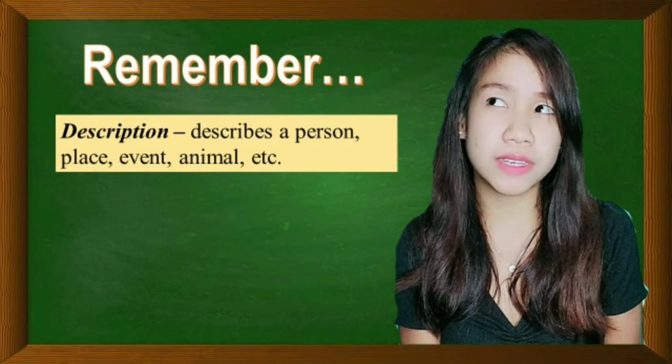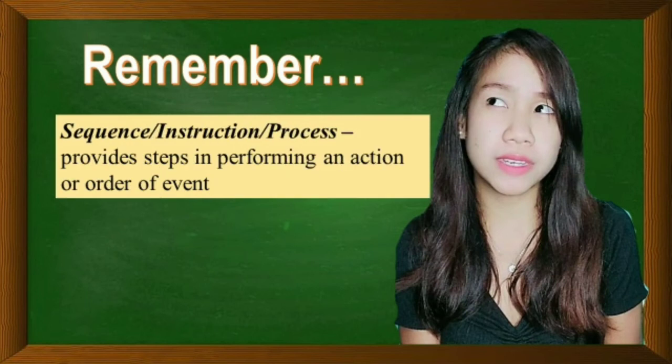This describes a person, place, an event, or animal, meaning if a text has a lot of descriptions or aims to describe something or someone or the topic, then that's description structure. And next structure is sequence or instruction or process. It provides steps in performing an action or order of events. So therefore, if a text has procedures, sequence, and instruction, then that's the structure of that text, just like procedural text.